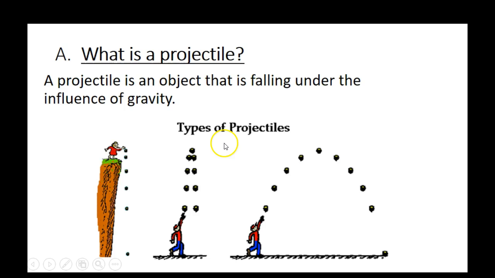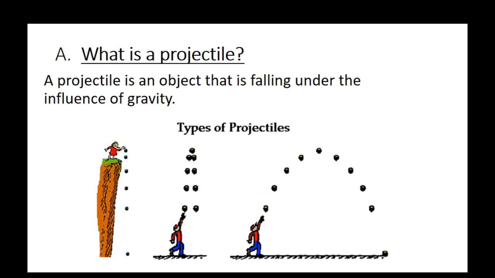So what is a projectile? Basically, a projectile is anything that's under the influence of gravity alone. So whether you are just dropping an object that's under the influence of gravity, or if you throw something straight up in the air and it comes back down, or if you throw something a certain distance, all of those are considered to be projectiles because once it leaves your hand, it's under the influence of gravity.